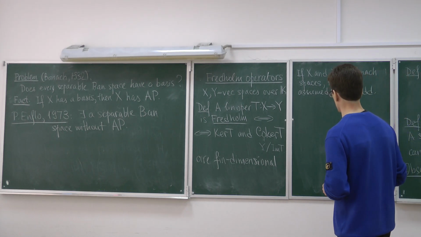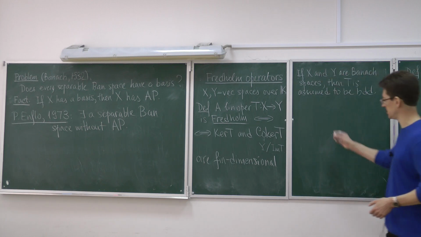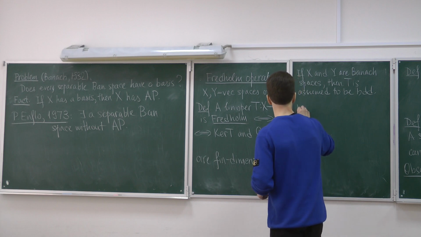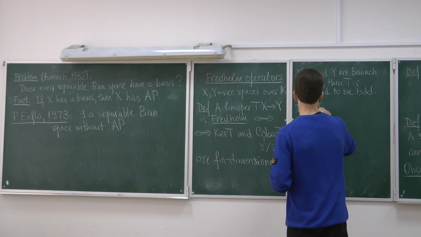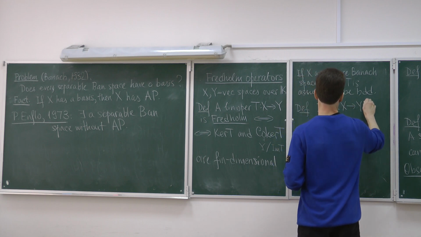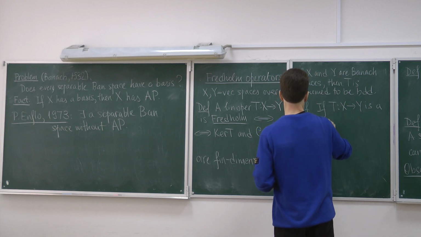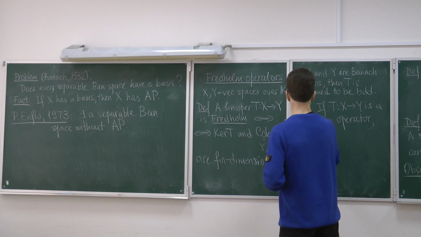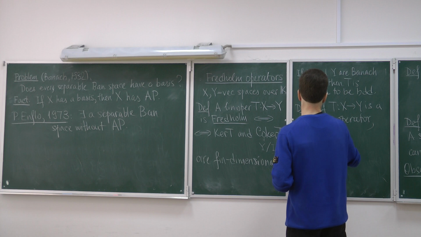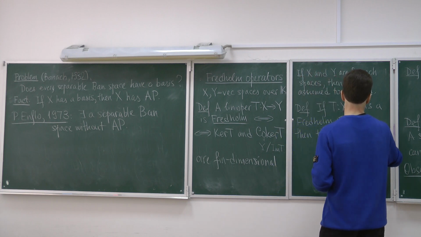Before looking at examples, we introduce the following important number related to any Fredholm operator. If T is a Fredholm operator from X to Y, then we define the index of T as follows.